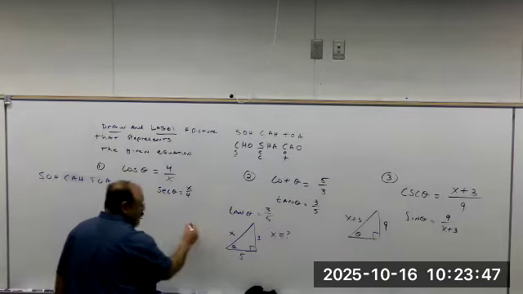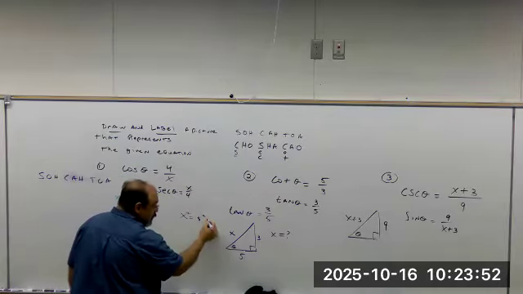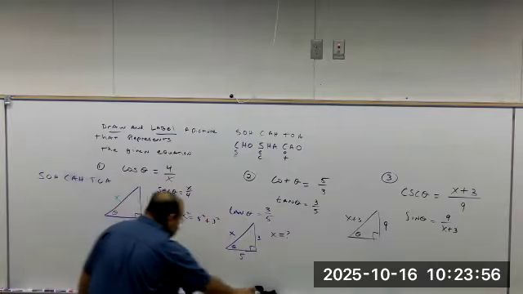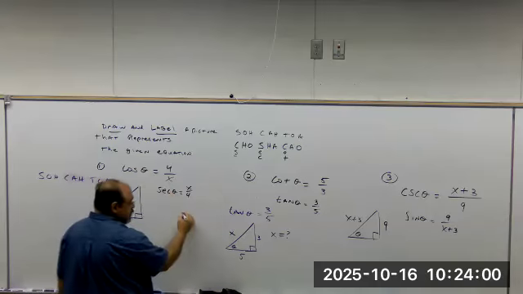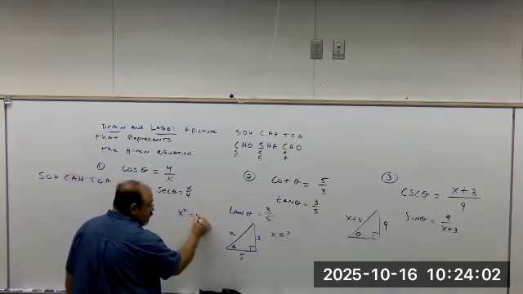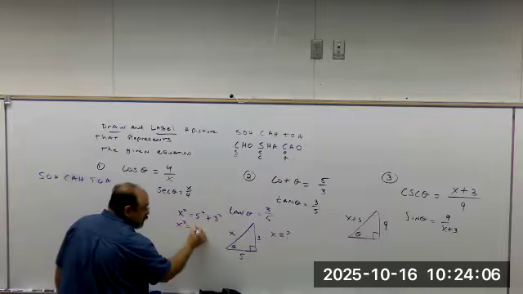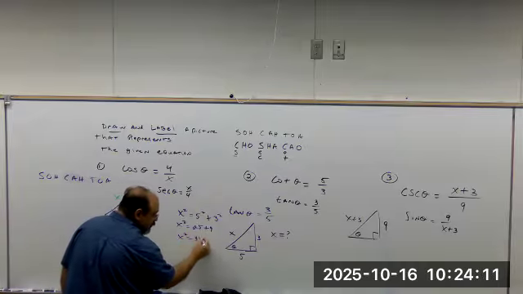Oh, x squared, the hypotenuse squared, is equal to the leg squared plus the other leg squared. It's so bad I couldn't even spell it. X squared equals 5 squared plus 3 squared. So x squared is equal to 25 plus 9. X squared is equal to 34.